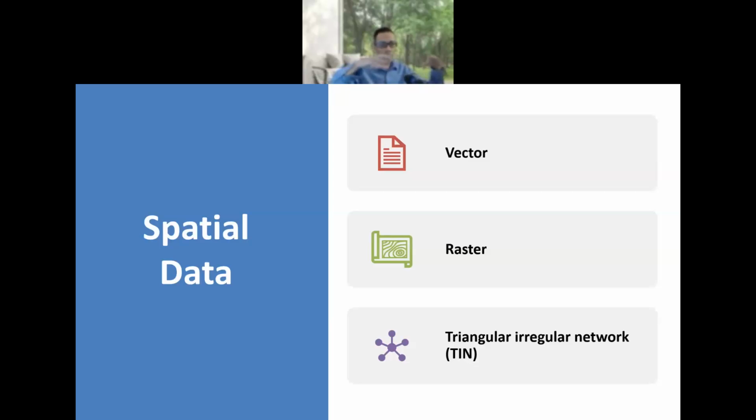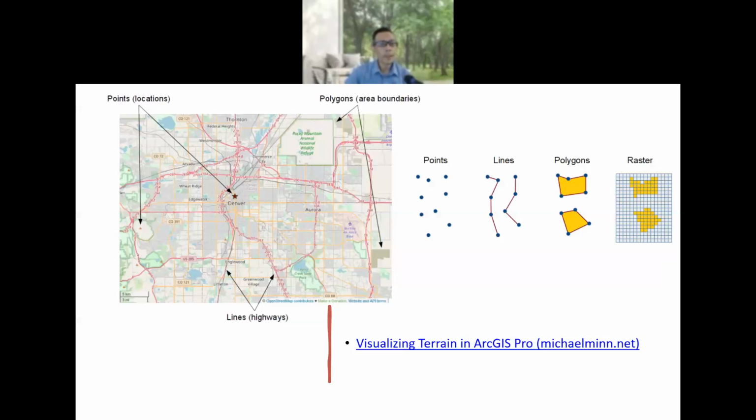You will see a continuous type of spatial data. So that is raster data. And the triangular irregular network is quite a complicated concept, but when you do spatial epidemiology, sometimes you might be using it in the analysis.